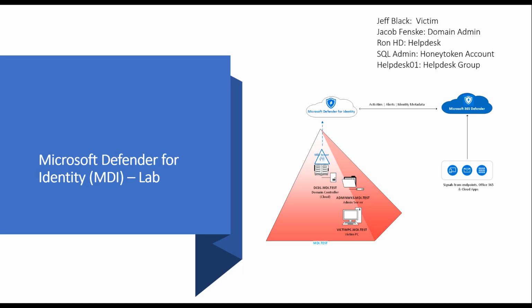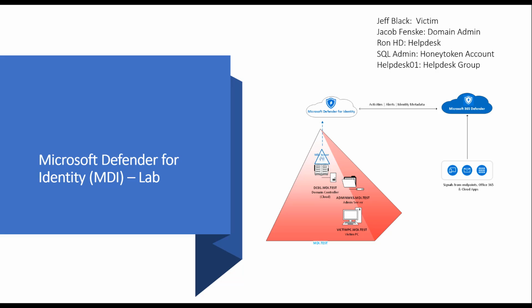As a result, his credentials, his NTLM hash, are in the memory of the victim PC, right? So the first step we will do here is to get a dump of that memory so that we can get the NTLM hash out of it. Pretty much we will steal the NTLM hash of Ron HD in the first phase.